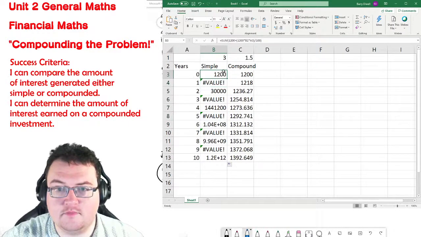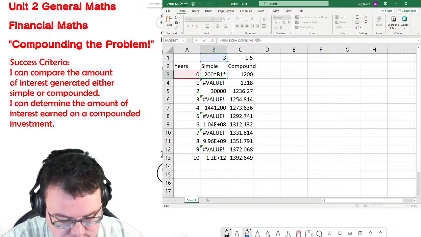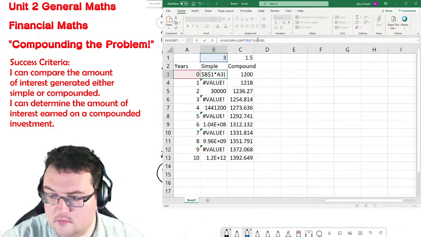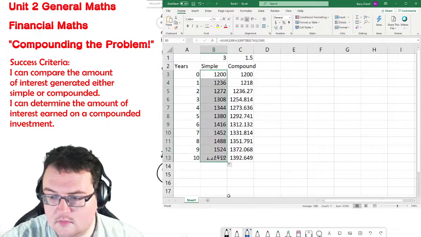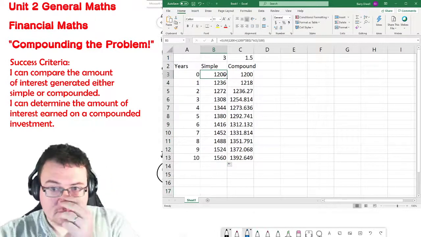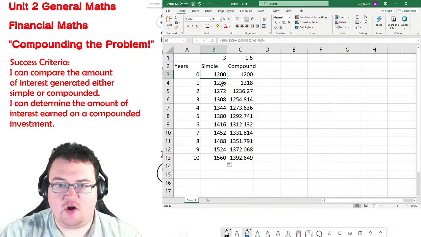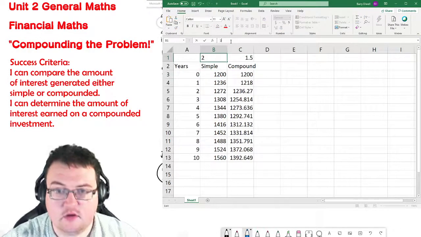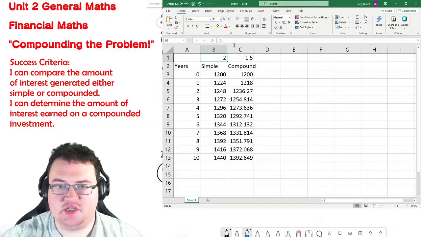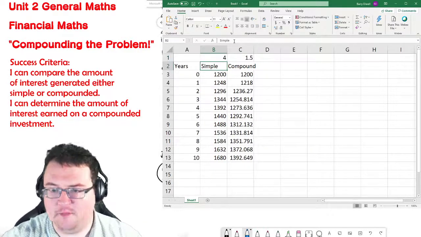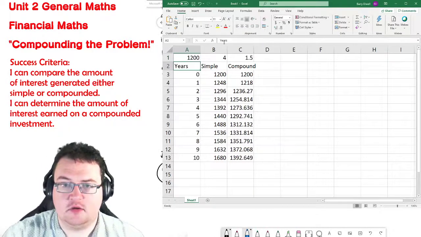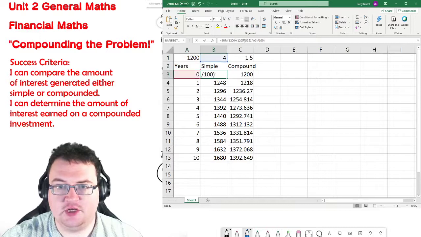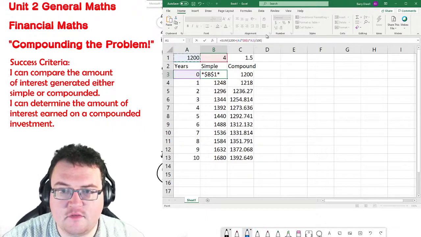So now what I've done is I've now got this formula here. So if I ever change, I can change the simple interest percentage and it automatically updates everything for me. I can put the principal in here and change this to be an absolute reference.